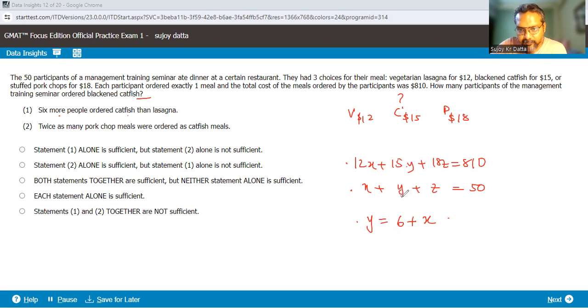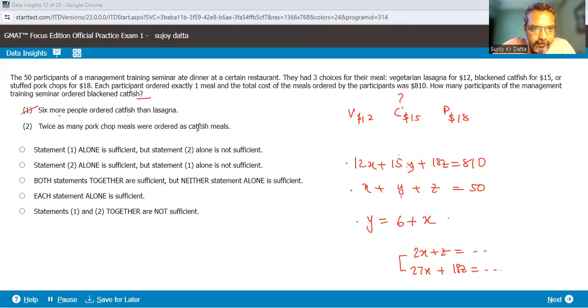Y is 6 plus x, if I plug in here, then I'll get 2x plus z is something. And if I plug in here, 15 times x would be 15x plus 12x, so that's 27x plus 18z is something here. They are not the same ratio, right? It's not an exact multiple, so you have two different equations that can be solved.